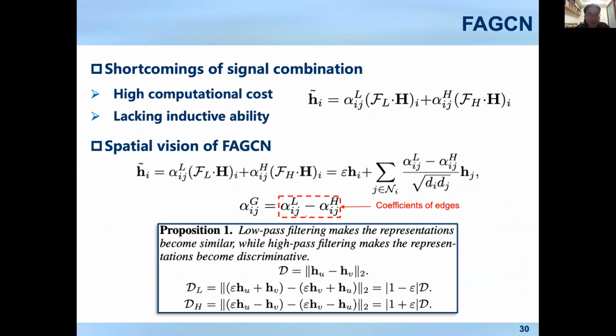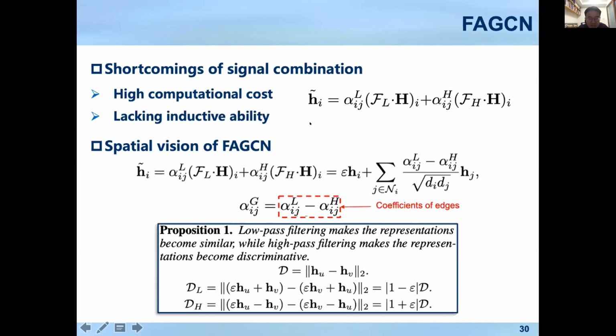However, the signal combination has two shortcomings. It has a high computational cost because of the matrix production, and it also lacks the inductive ability.